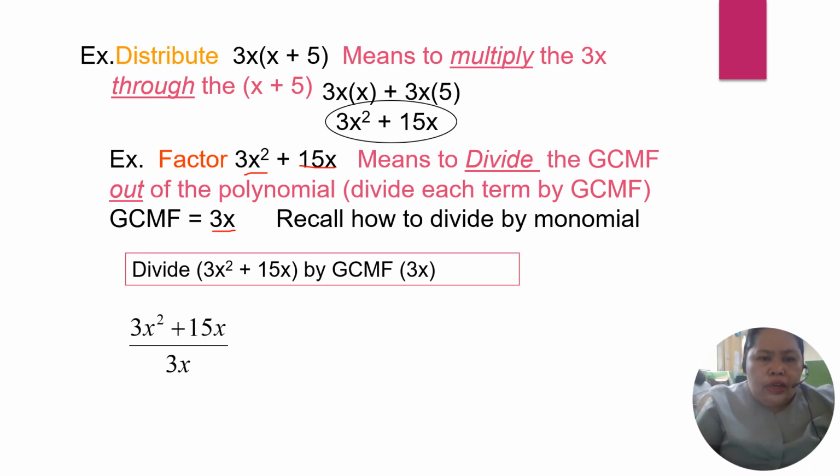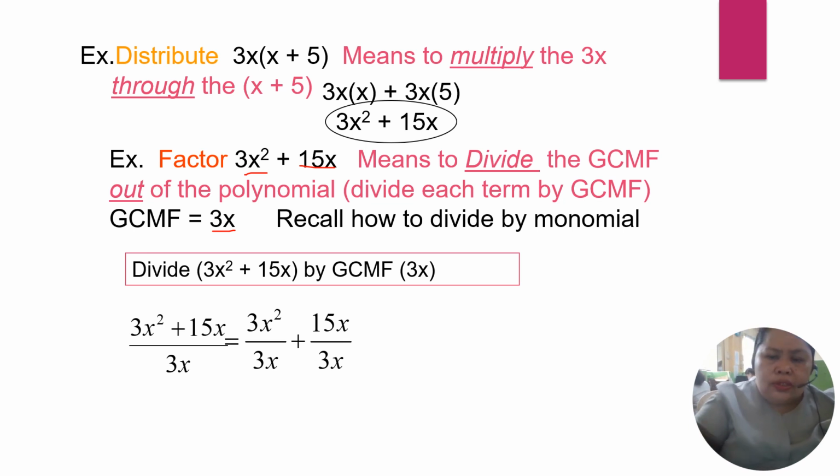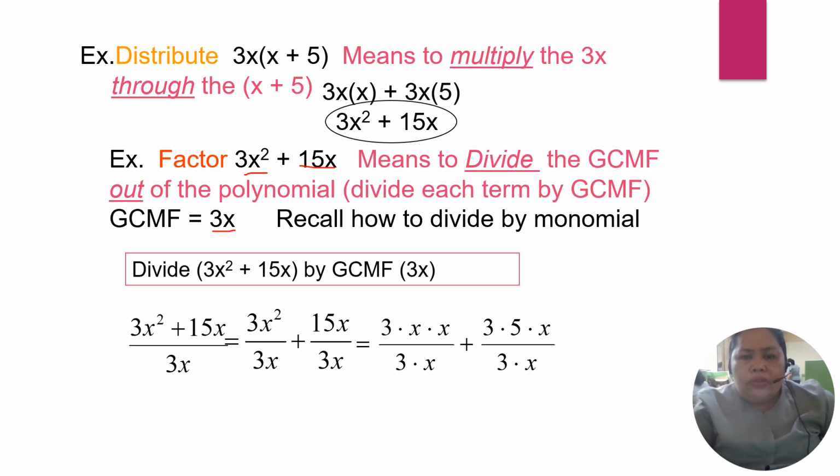Okay, so then divide. Dividing both terms, 3x squared divided by 3x, and 15x divided by 3x. You can use the expansion method and then cancellation.